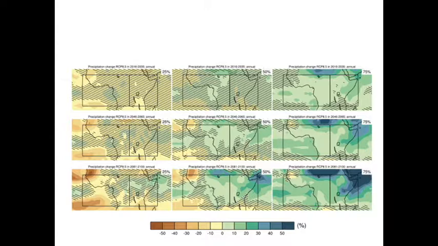Presently, there has been a late onset of rainfall in some years. However, rainfall has also been inadequate at times.